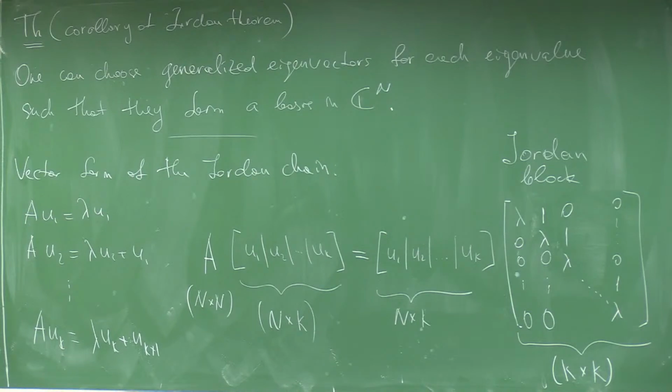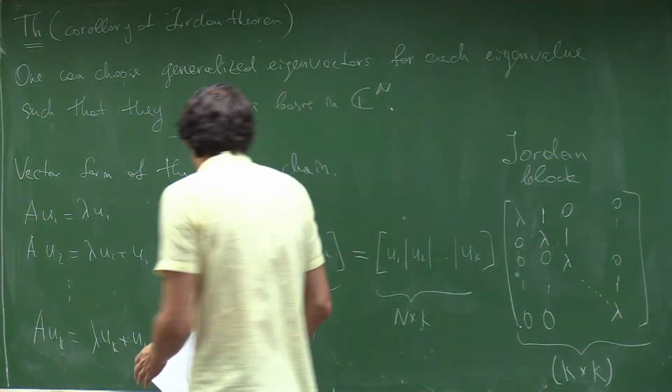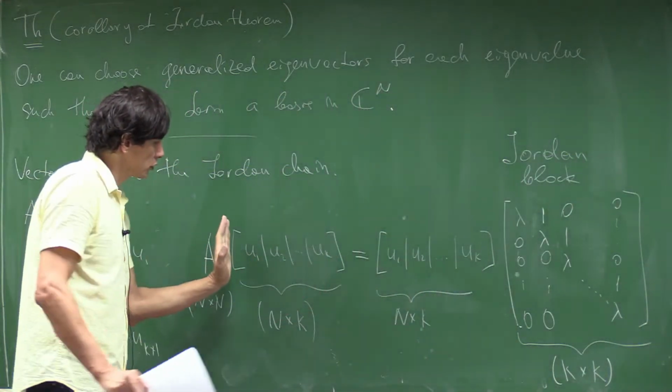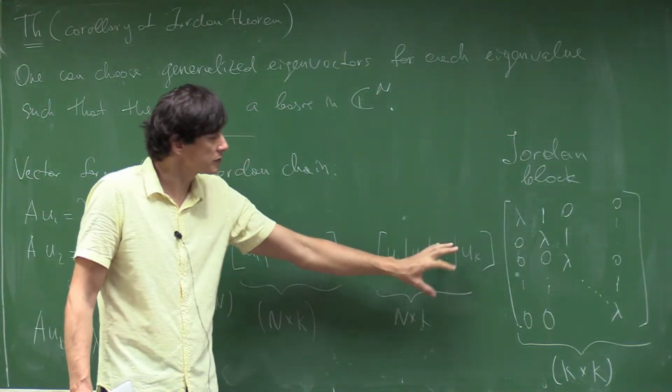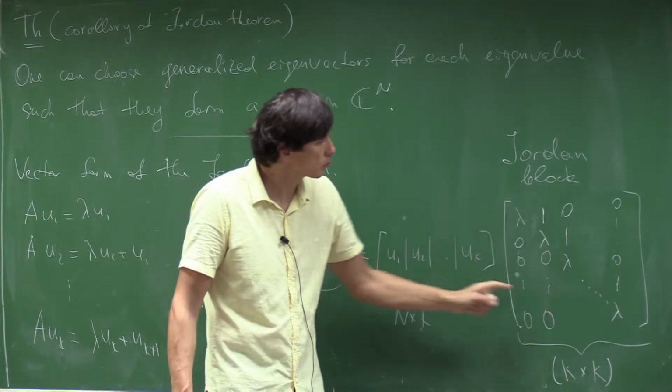You see? So the Jordan chain can be written as a matrix: A multiplied by the matrix of vectors is the same matrix multiplied by the Jordan block.